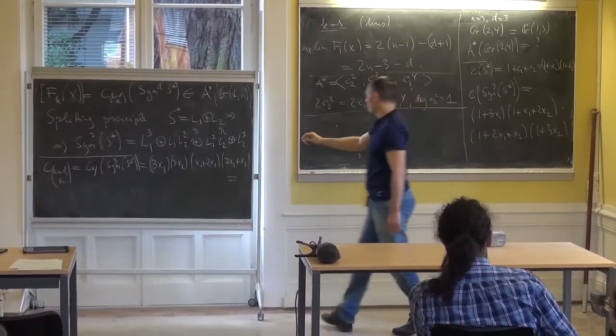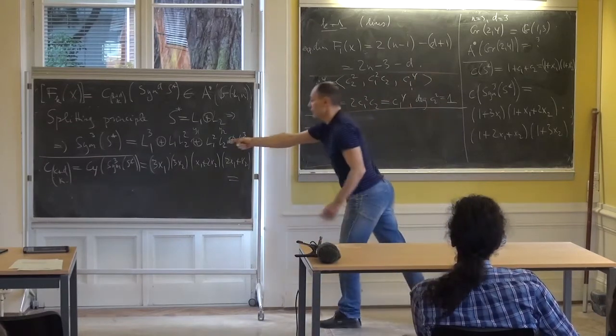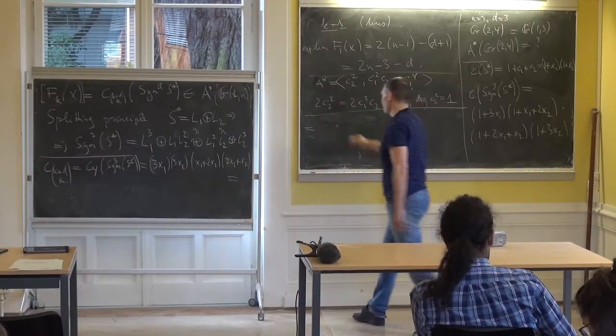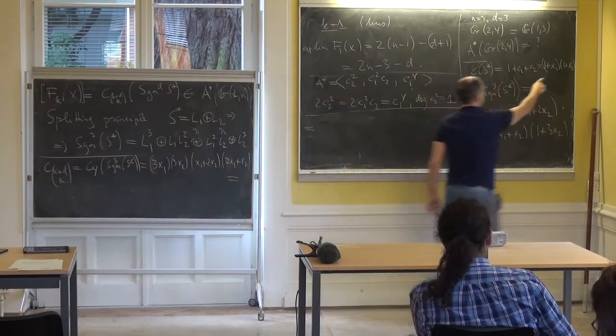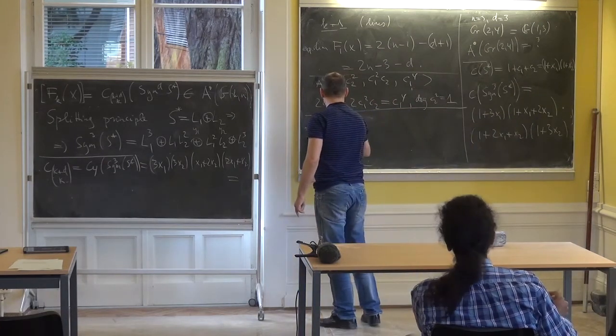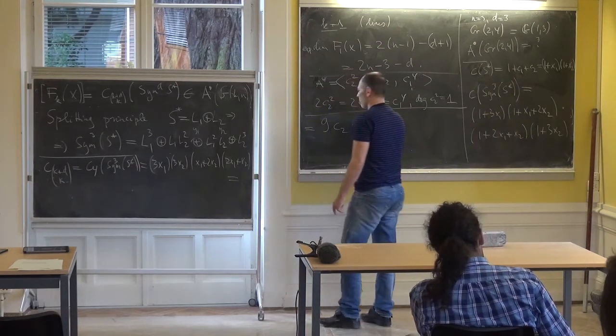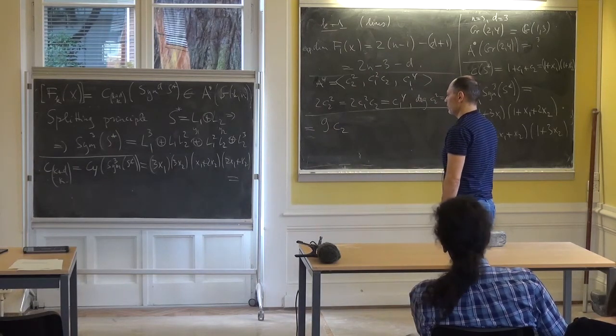Okay, and so now let's just continue. What I need to do is rewrite this, since the degrees of these I know very well. So first I have 3 x1 x2, that of course is just C2. So this is just equal to 9 C2.